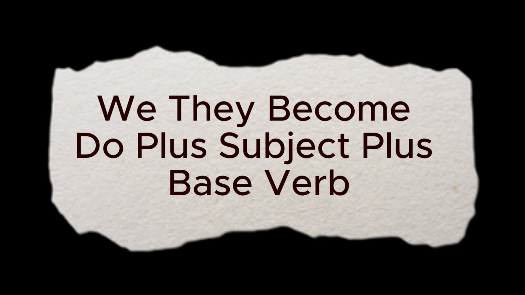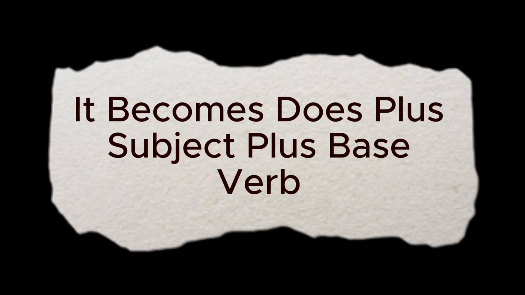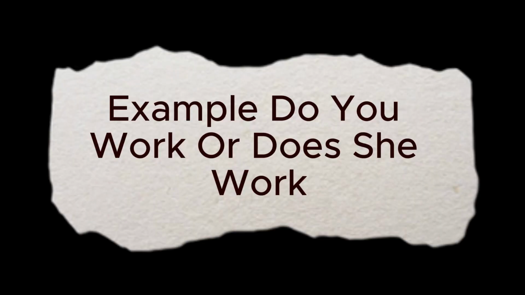Questions: I, you, we, they become do plus subject plus base verb. He, she, it becomes does plus subject plus base verb. Example: Do you work? Or does she work?